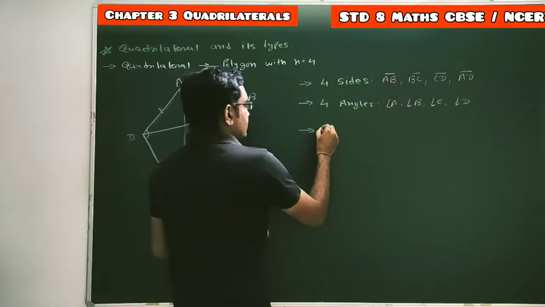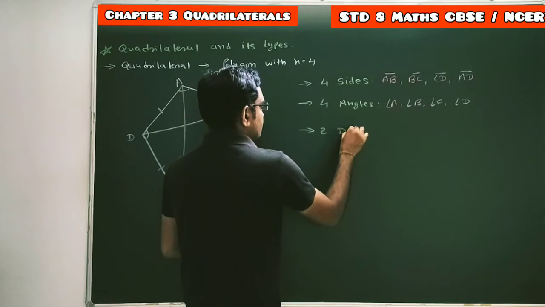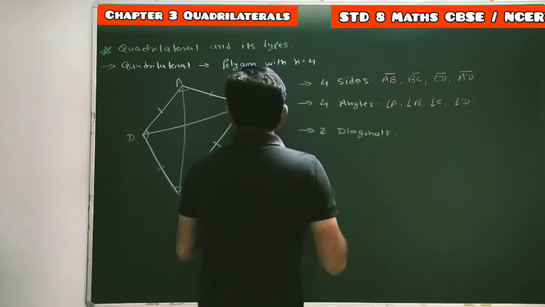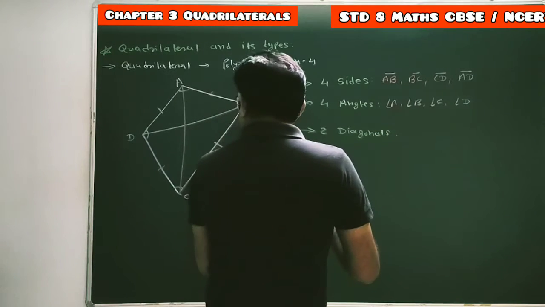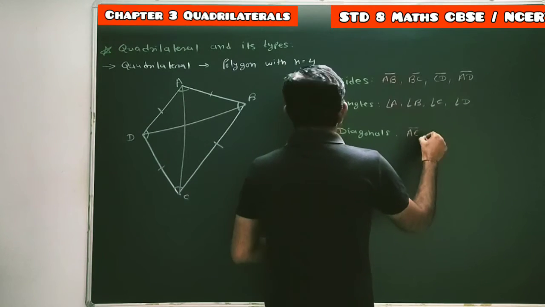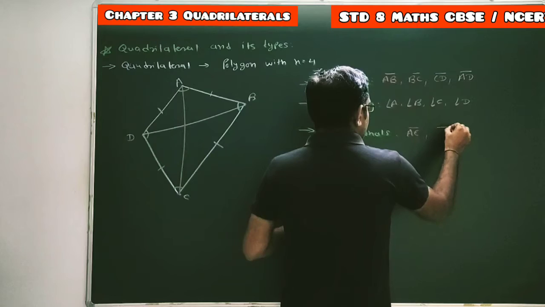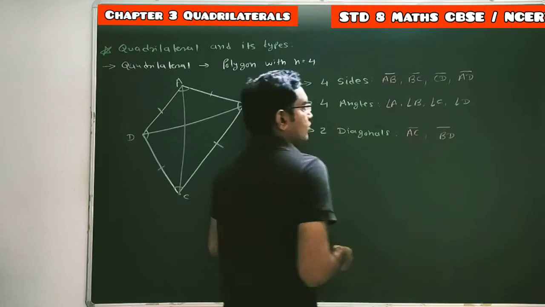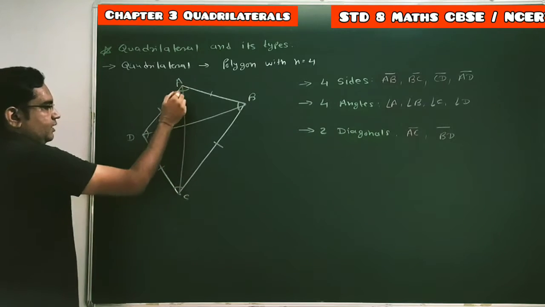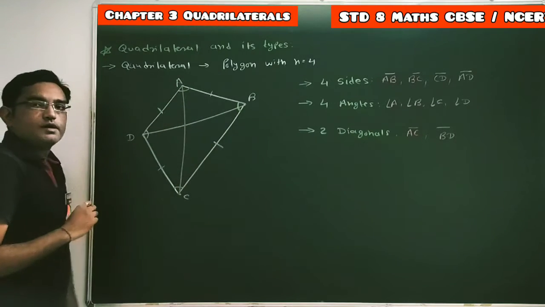These 2 diagonals are nothing but the line segment AC and line segment BD.